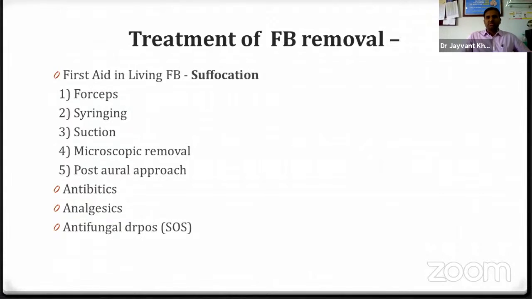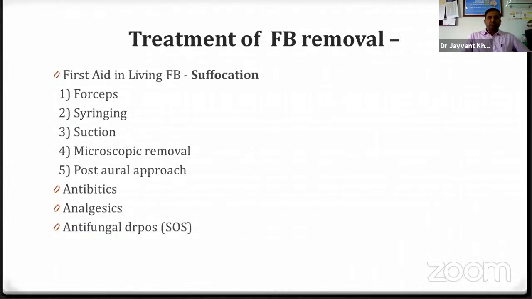Generally, all the people use oil, but water is likely to be more safe, because if you use oils, then fungal pathologies will be seen afterwards.